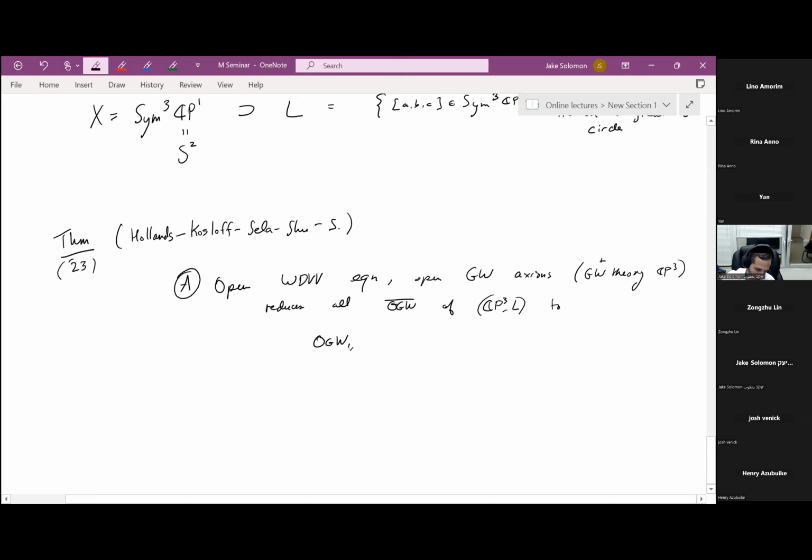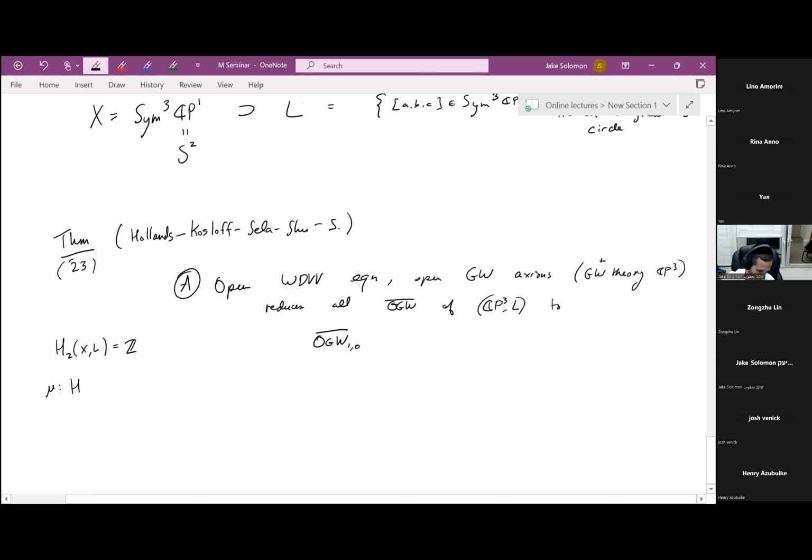OGW 1, 0. I should imagine the relative second homology of X with respect to L in this case is still Z. So you have OGW with, but the mass level index here is going to be different than for usual RP3.